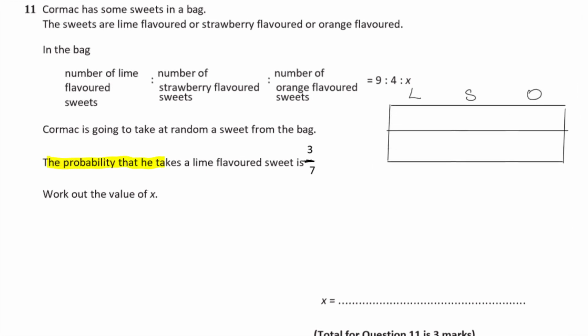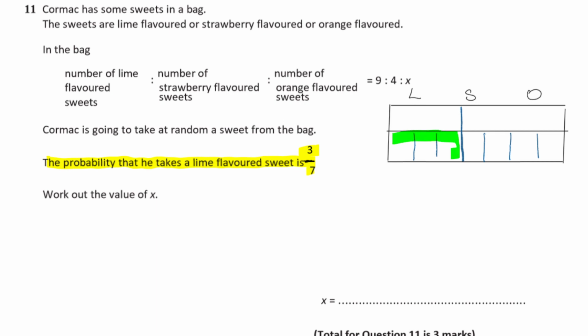So we're given that the probability that he takes a lime flavoured sweet is 3/7. So on our bar model, the lime section is going to be 3 parts, and that means the not lime section, the bit that's shared between strawberry and orange, is going to be 4 parts. So 3 parts are for lime and 4 parts are not lime.